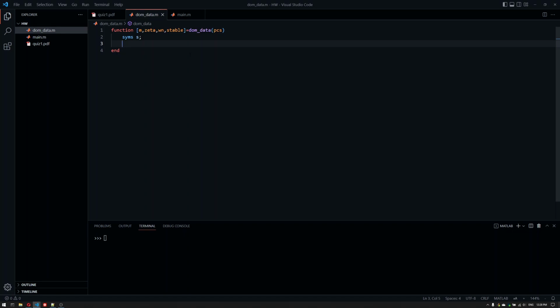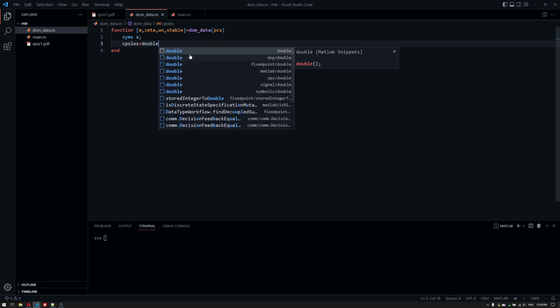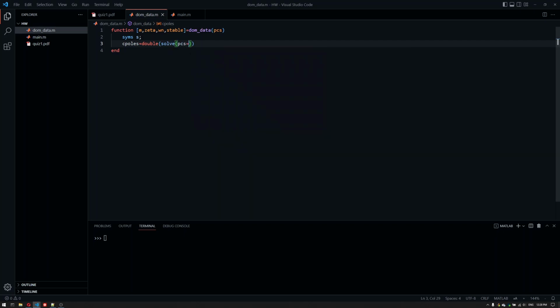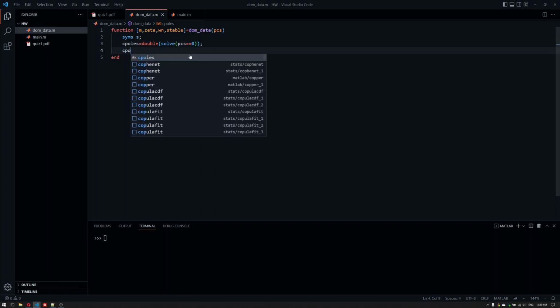Since we have PCS, we can basically calculate the roots of it. So for C poles, or the poles, we can use coefs, or we can use the solve method here. PCS equals 0 should give us basically C poles here.